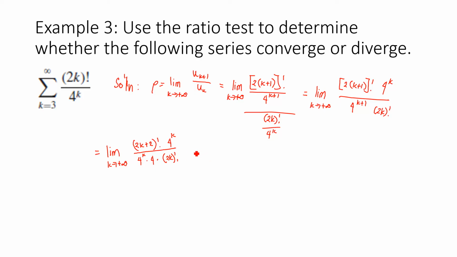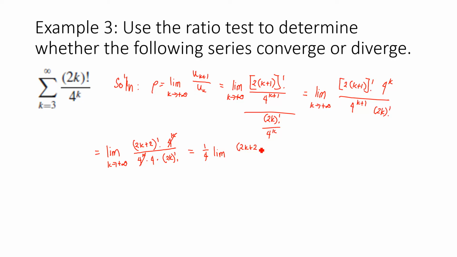So in this case, 4 raised to k can be divided out. So you have 1/4 of the limit of the quantity 2k plus 2.